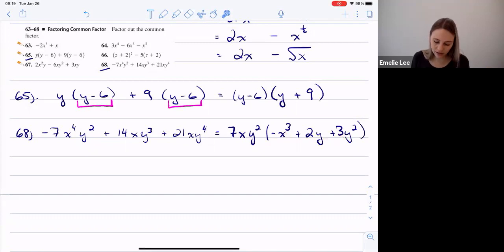I could pull out a common y here, so one thing you could do is factor inside these brackets by pulling out a common y, but I'm just going to leave it at that. So I'm going to leave it here, and that's good.